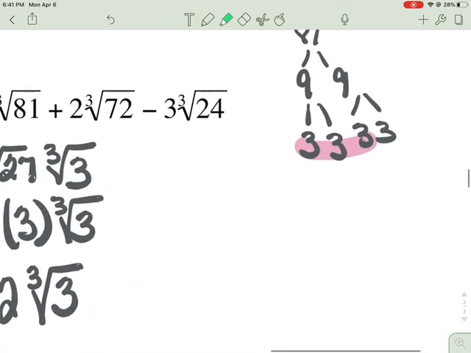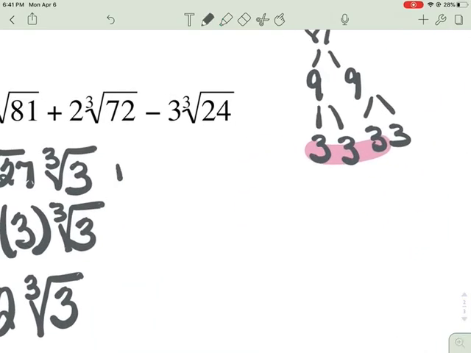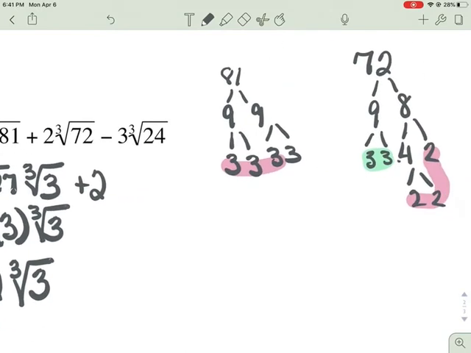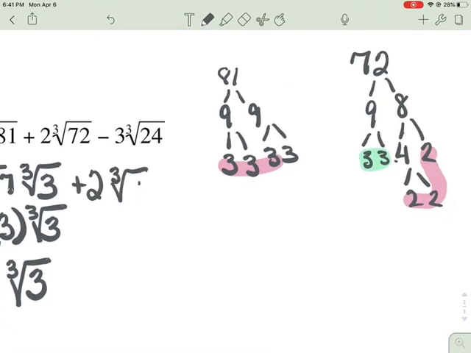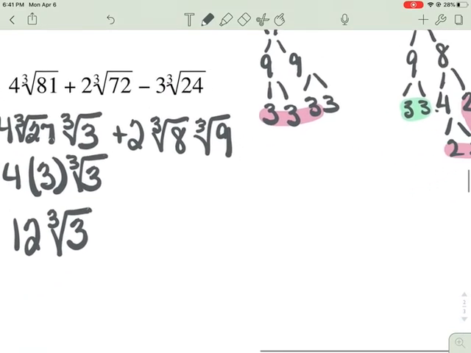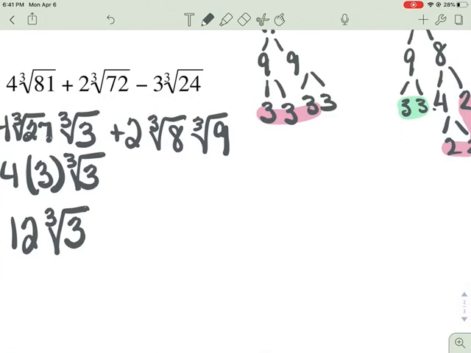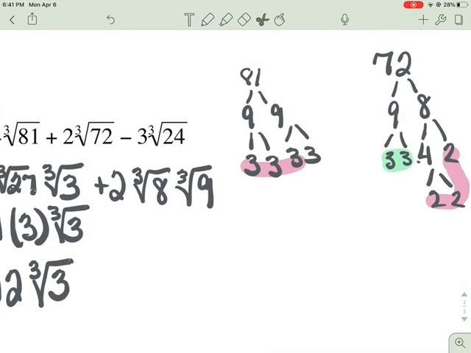Okay. All right, so we get plus 2 cube root of 8 cube root of 9. All right, if you need to use parentheses just to distinguish between them, feel free.